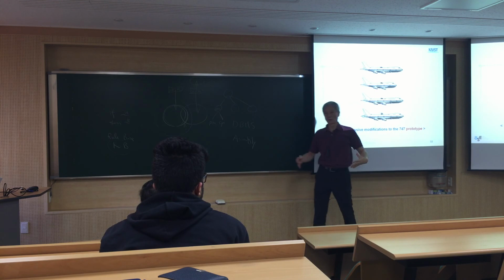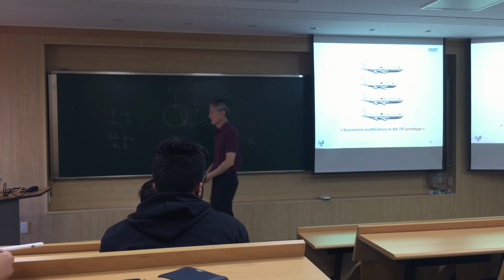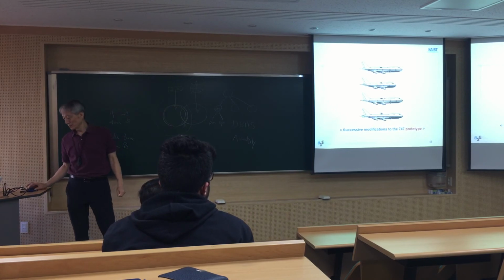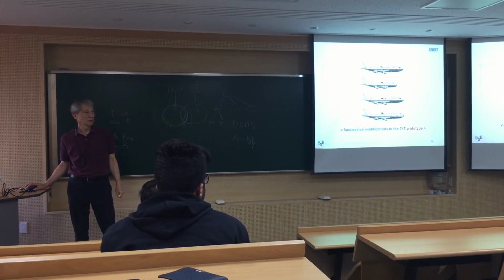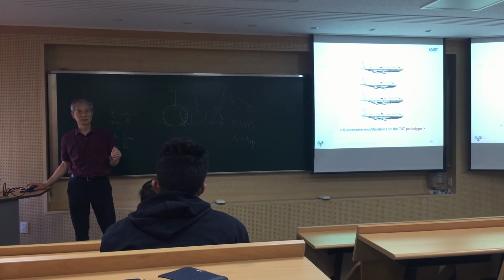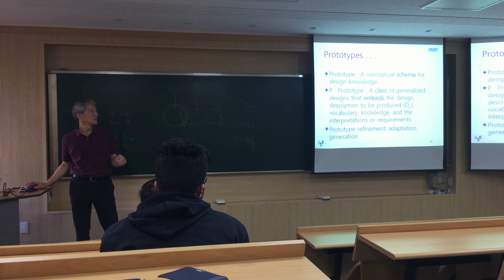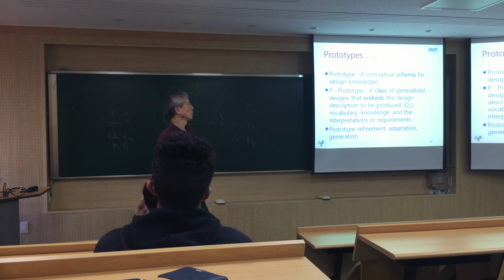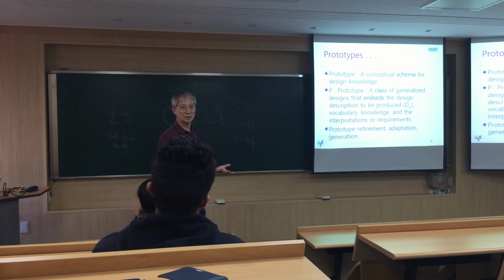And there are more changes. It looks very similar, but there are very big differences. So how many passengers are there? Different among them, right? Usually that is the most important thing for Boeing, how many passengers we can carry, because that is money, right? Prototype, conceptual schema.